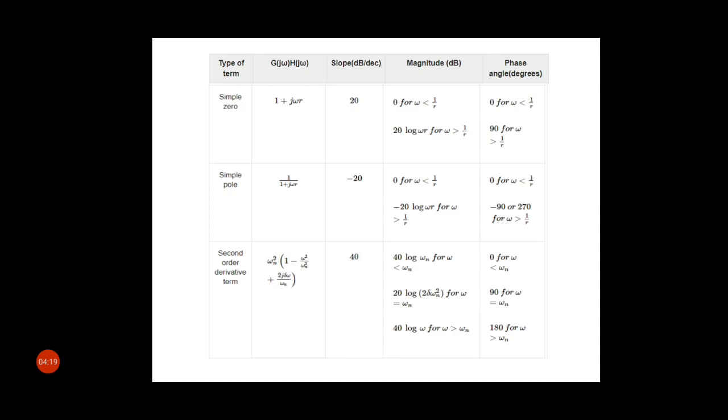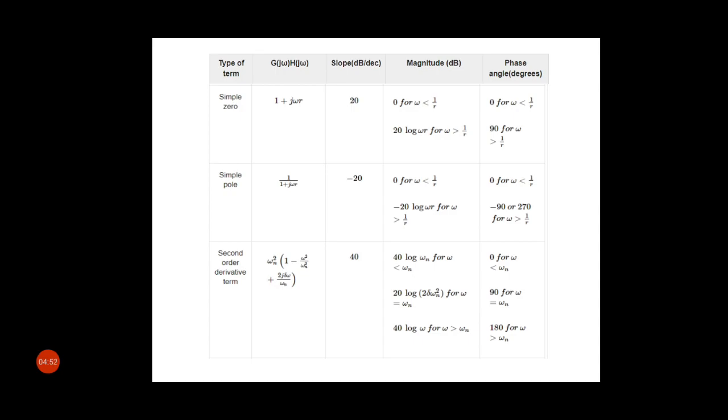Okay, and the magnitude is 0 for ω less than 1 by τ and minus 20 log ωτ for ω greater than 1 by τ. Okay, and the phase angle is 0 for ω less than 1 by τ and minus 90 or 270 for ω greater than 1 by τ.